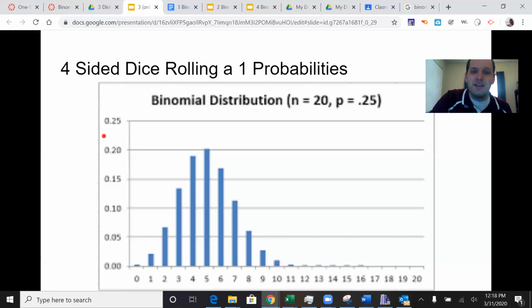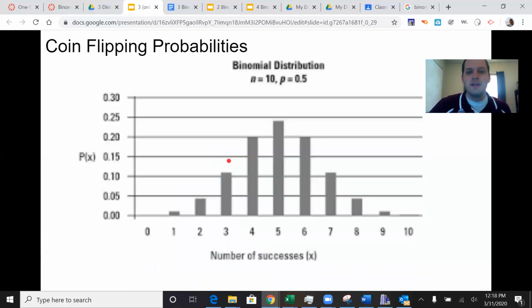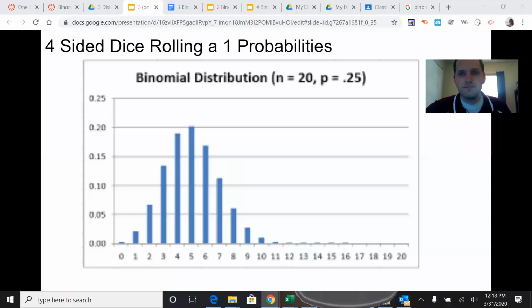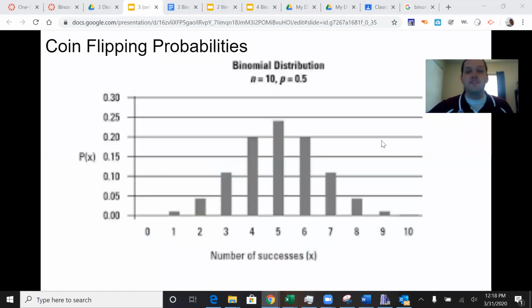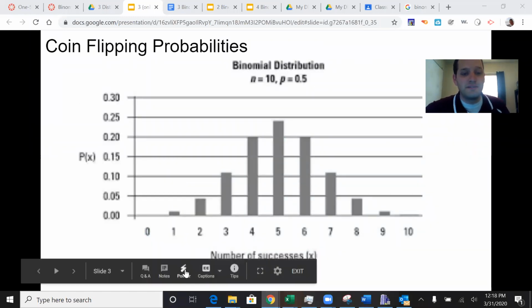Each of these represents a singular PDF function. Same thing with the coin, okay? Each of those represents a singular PDF function. I'm gonna pause this real quick. All right, I'm back. So each of these represents a singular PDF function.